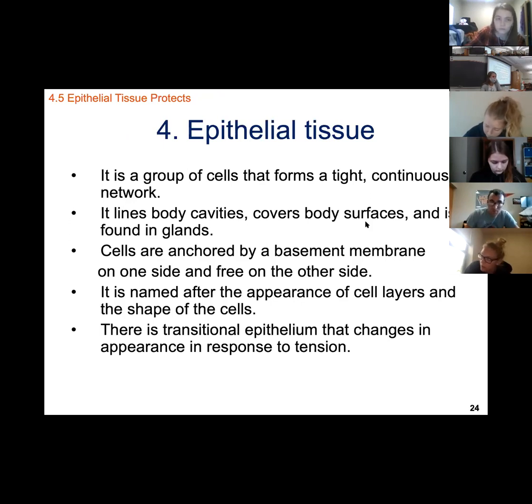Excuse me, think of like a networking event. When you go and you meet new people for a job, possibly, or some sort of networking event, same thing happens here. We've got a lot of tight, continuous network of epithelial tissues that help cover your body's surfaces. These cells are anchored by a basement membrane on one side and free on the other side. So it's kind of like your skin.